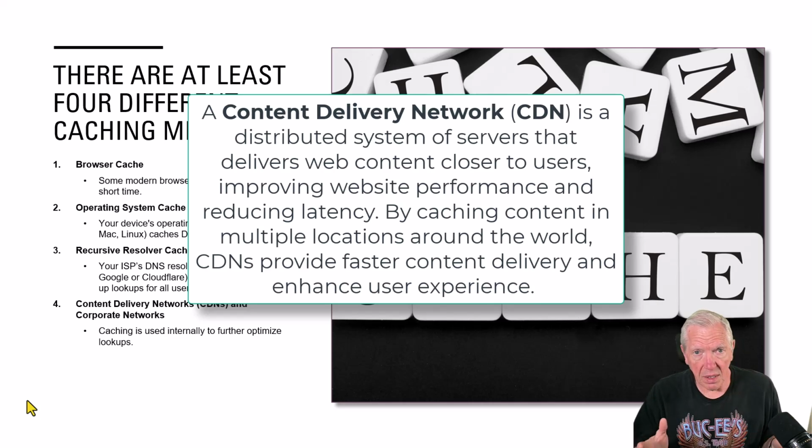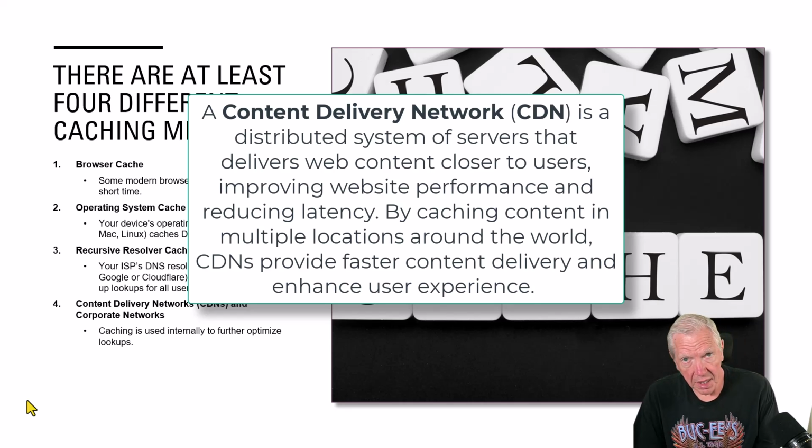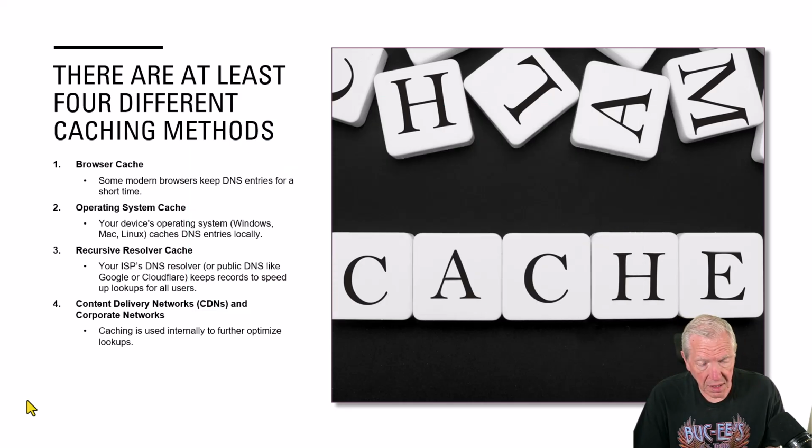When we talk about something that you're reading or listening to, like a podcast, watching movies, looking at photos, that is content that is being delivered to you, and it is possible to set up what is called a CDN. You can do that very, very easily in Amazon AWS. The other cloud providers have the same sort of scenario that you can use to set that up. And caching is used internally in these environments.